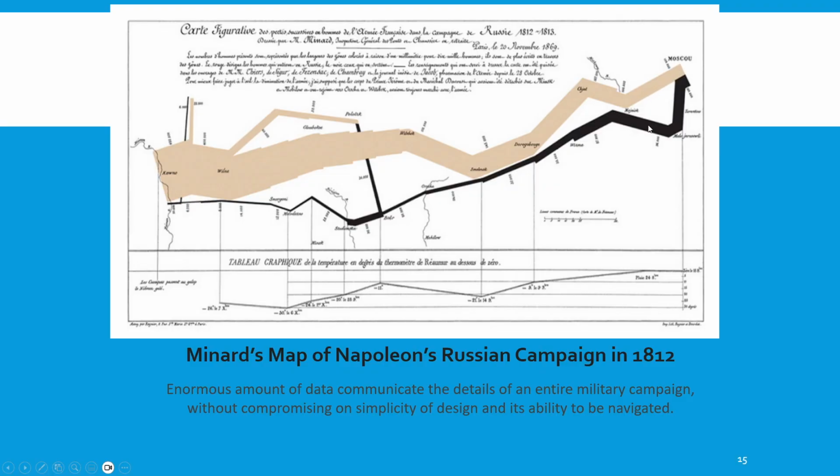And in black, we have the return and how different things happened. For example, from here, this group reunited with this group and then they continued back. And we can really see the impact of time, and especially here we have temperature, the impact of temperature on the health of the people that were working on that campaign.